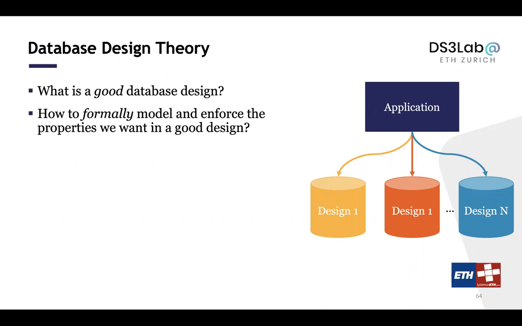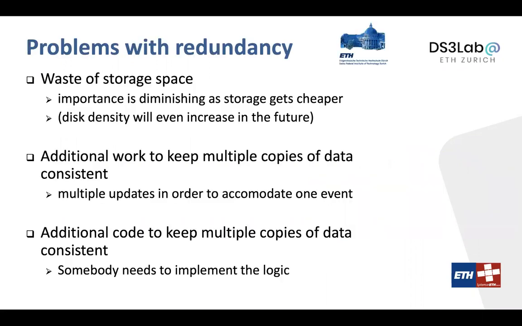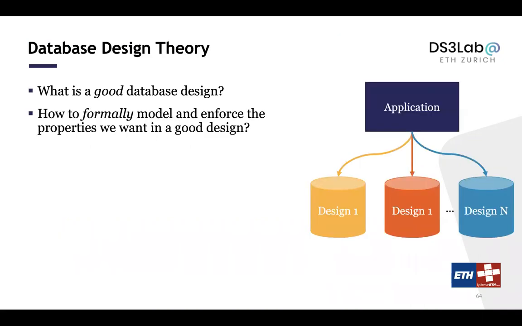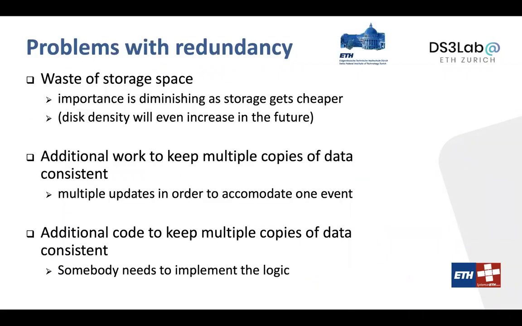We want to formally model and enforce the properties that we want in a good design, and reason about it. One thing that we talk about is data redundancy. That is really important when you reason about what is a good design and what is a bad design. Why don't we want redundancy? Because it wastes space, and it causes a whole bunch of anomalies.